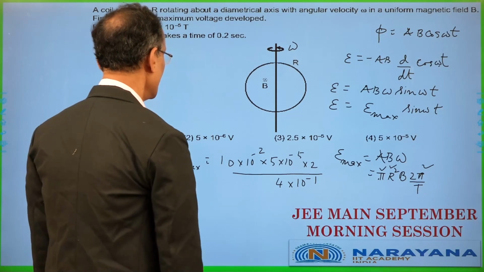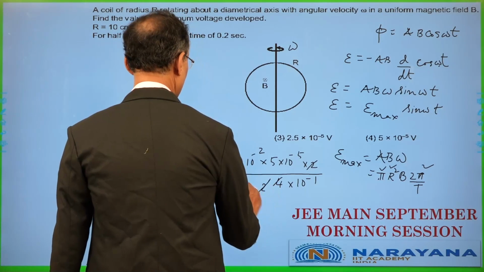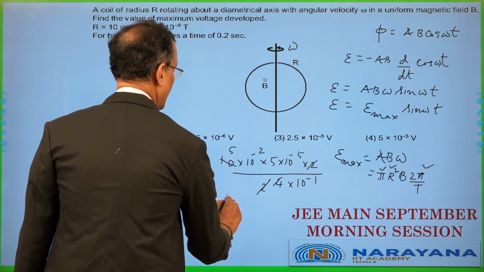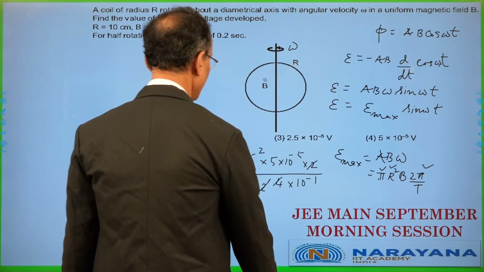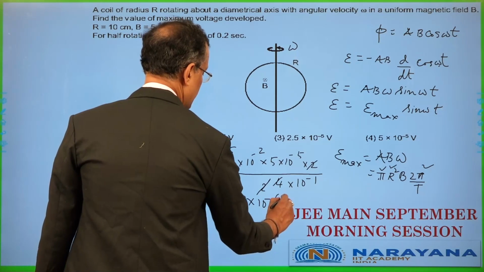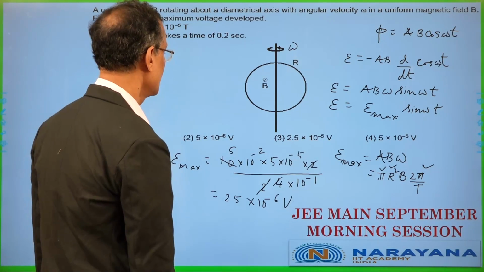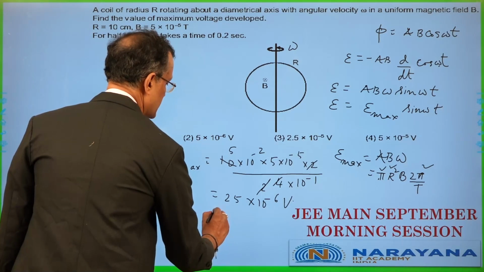Clear to you? So this will go 2 times, 2 5 times. It is 25. Okay, no, 5 into 5, 25, 10 to the power minus 6 volt. So your answer is 25 into 10 to the power minus 6.